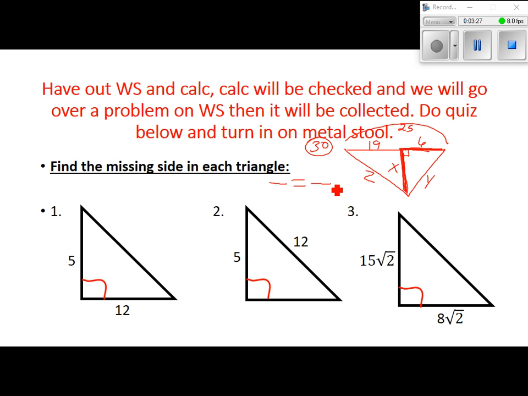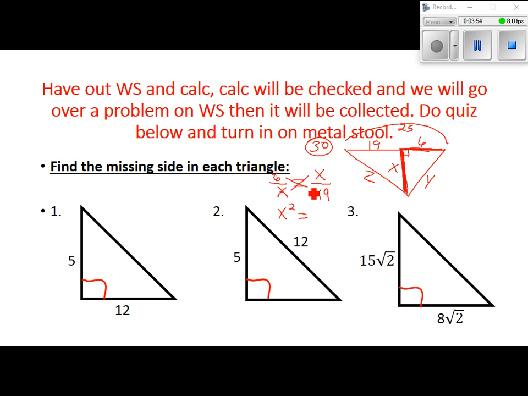So when I go to set this up, remember it's altitude goes here and here, and the two parts go here and here. So what's going to go in the top here? You can pick whichever part you want. It doesn't make any difference. 6. What part goes down here then? Then what goes here? What goes here? Cross multiply, x times x is x squared.